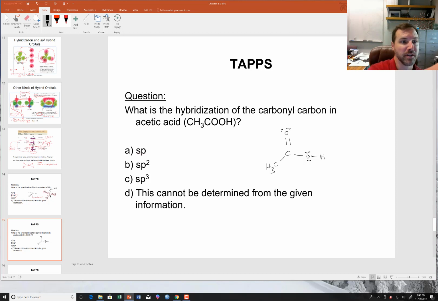The carbonyl carbon is the carbon that contains the bond with the double bonded oxygen. So hopefully you can see here that carbon, because it's trigonal planar, you have only 3 electron regions around this carbon. This carbon would be sp2 because it's trigonal planar.